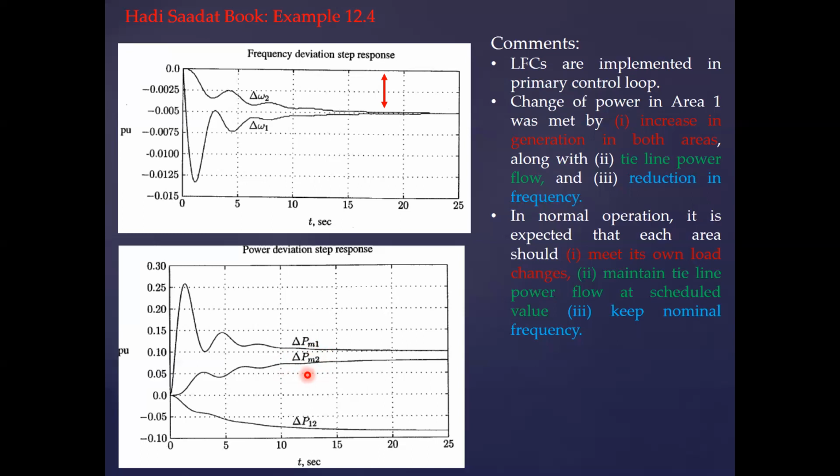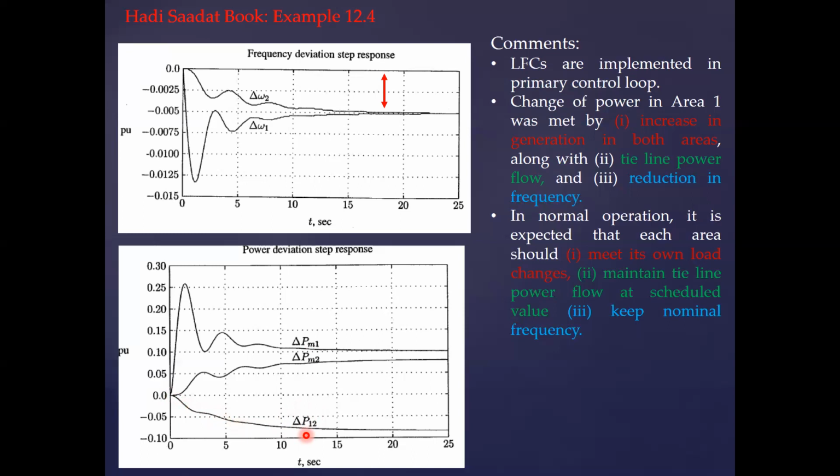Another part, we observed that this is delta P, the change in the tie line power, and there is a change in the tie line power here. So whatever the scheduled amount of power flow which existed before the disturbance, pre-event, after the disturbance the scheduled power flow has changed.